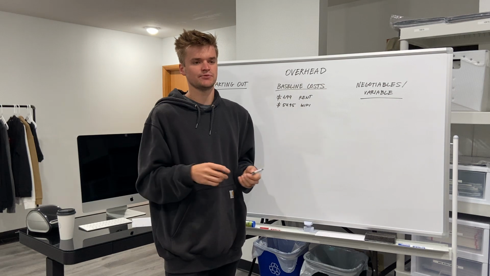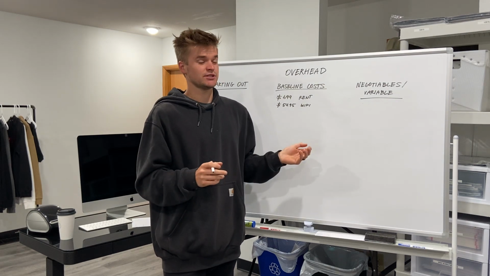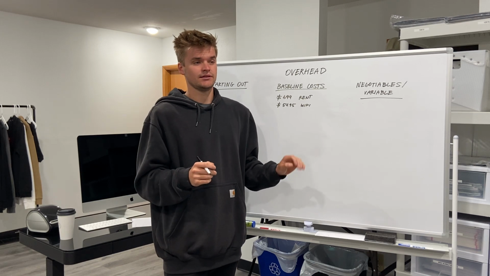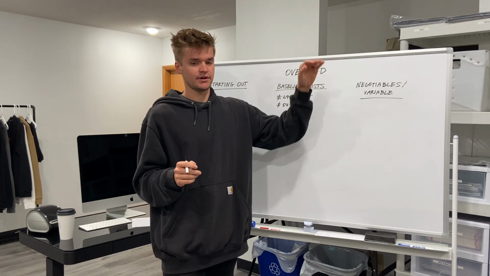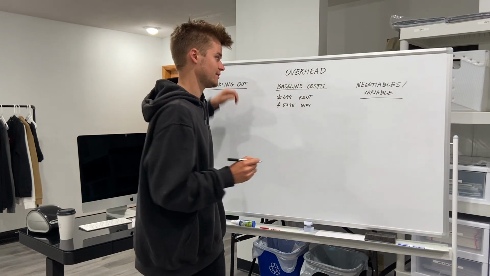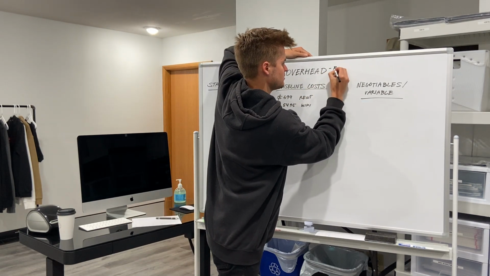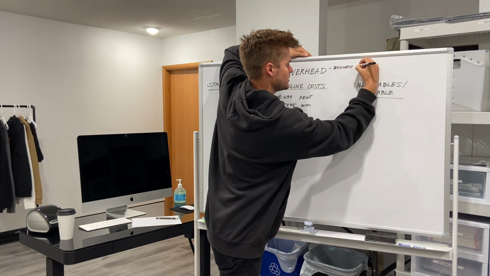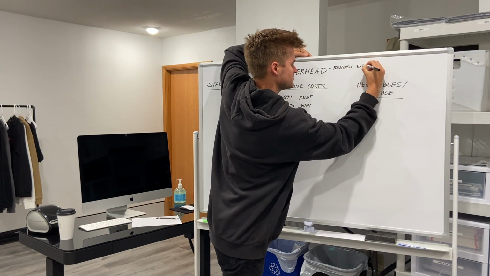So I've been doing that and it's been working out. I might switch to even better internet later, but that costs more. And you want to keep your overhead low. So that's kind of the goal. And I'll write that down right here. So that's just business expenses, just so you guys know.